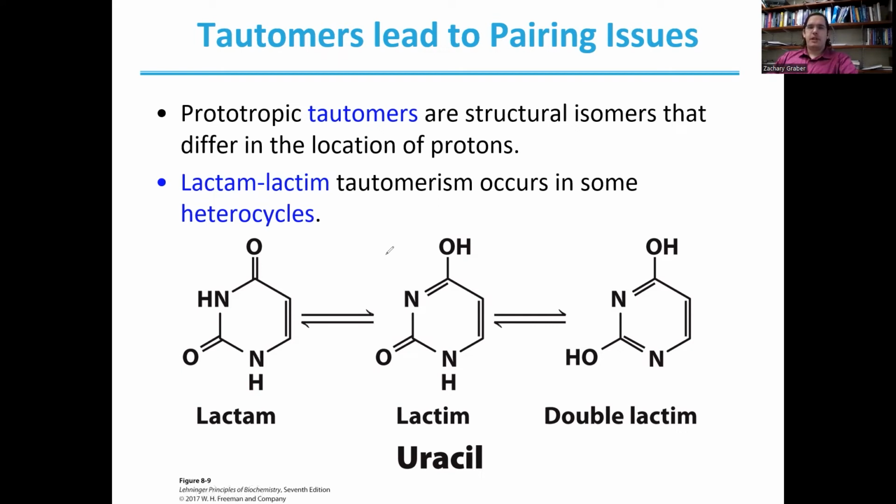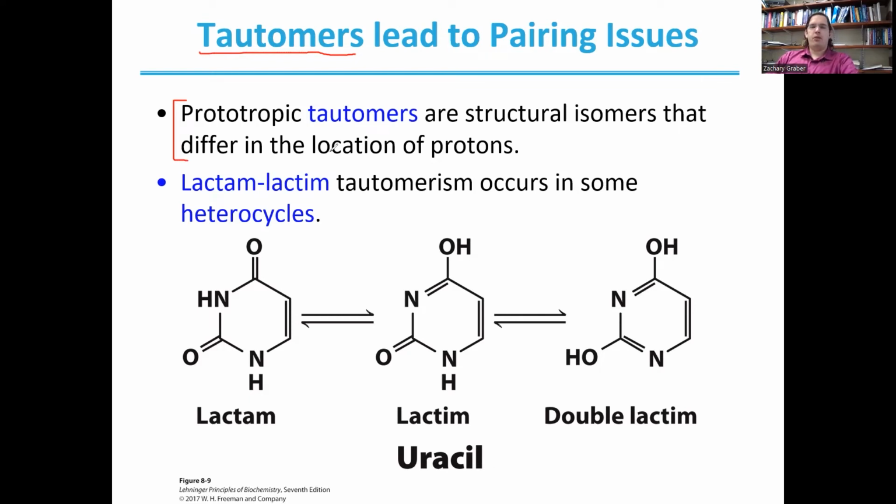The first structural change that I want to look at that can cause mutations is tautomers. So tautomers are structural isomers that can interconvert between their two different structural isomer forms. Specifically, we're going to look at prototropic tautomers, which differ in the location of protons. So by an exchange of protons, we can convert from one to the other.